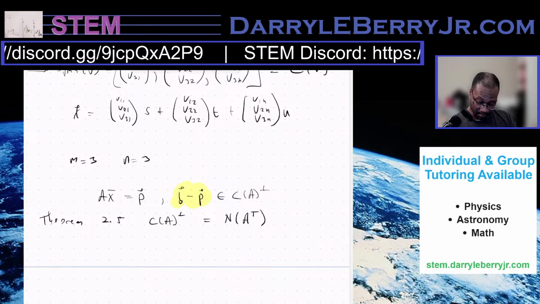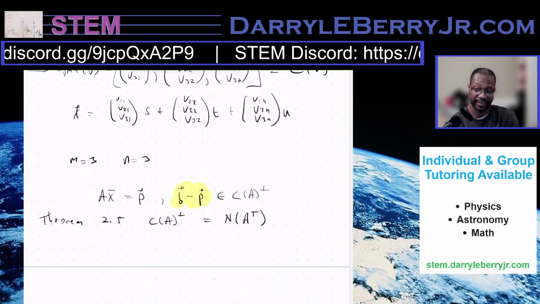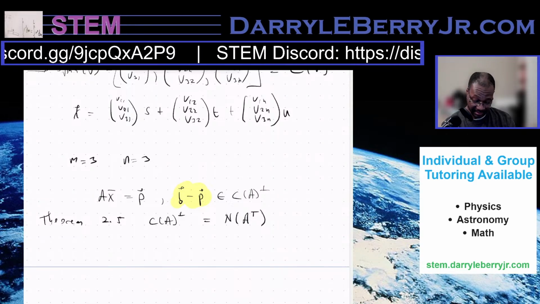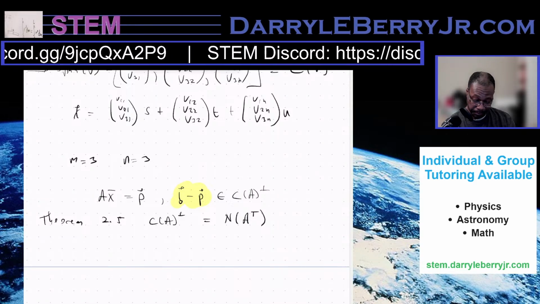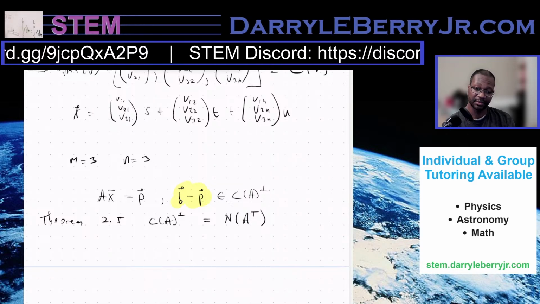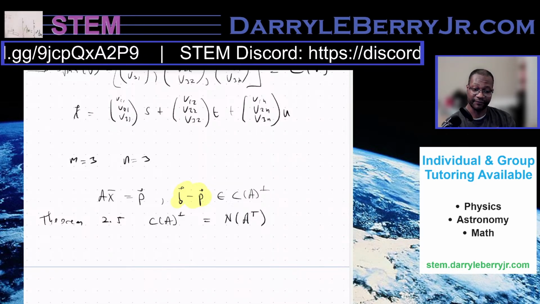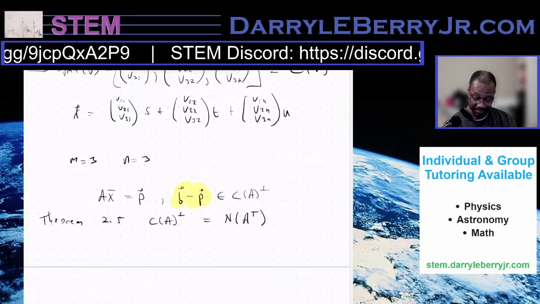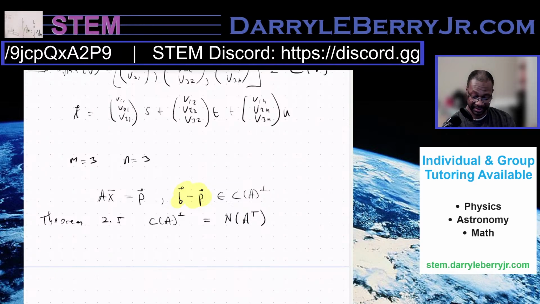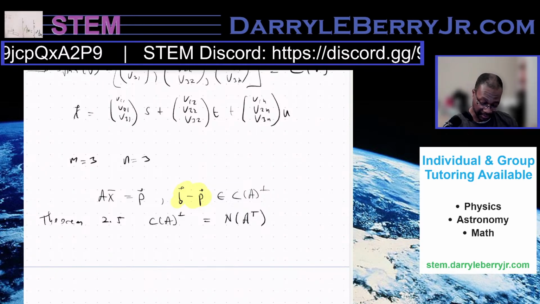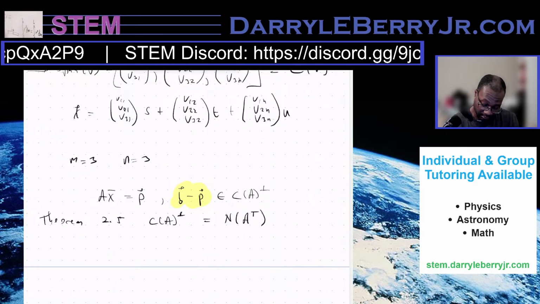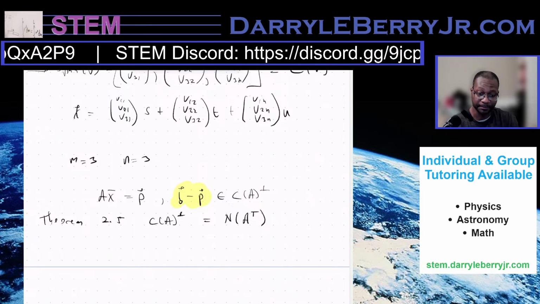Right? So we're saying that the column space of A, the vectors that span that subspace, if you take the matrix A and transpose it, and then solve for the homogeneous system, that will be in the same space as the perpendicular of the column space of A. All right.